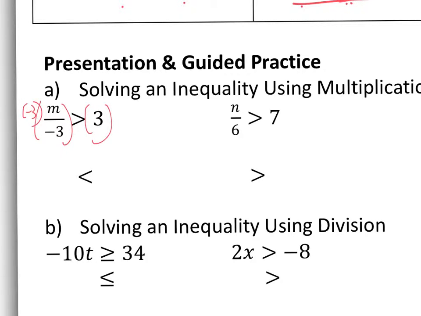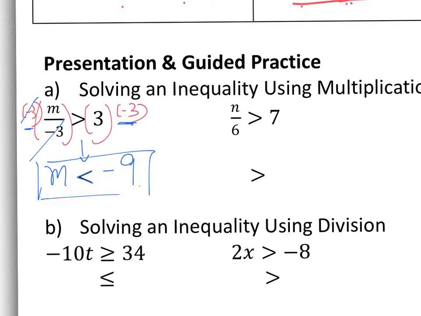But I won't write the 1 in the denominator. Because we multiply by a negative number, we need to switch the inequality sign. However, for this one, we're multiplying by a positive number, so it's not necessary to switch the inequality sign.